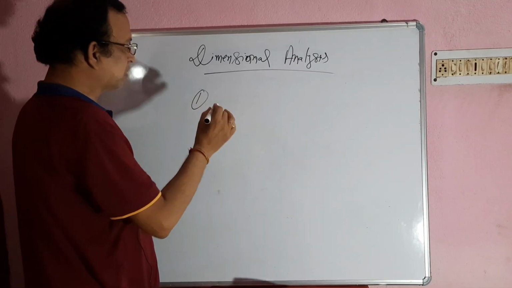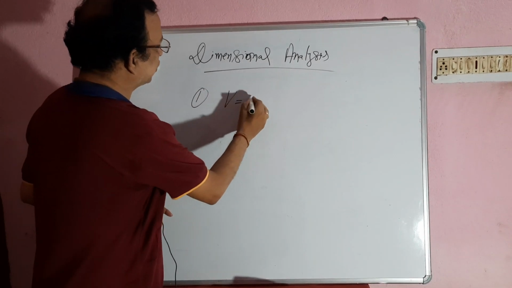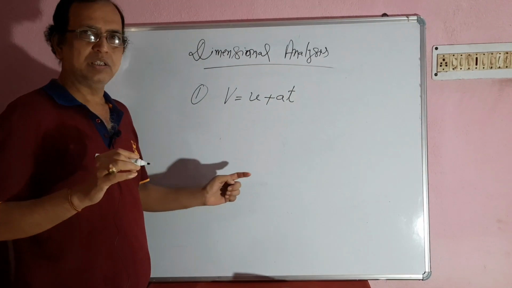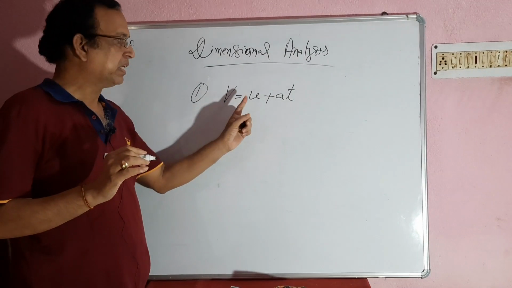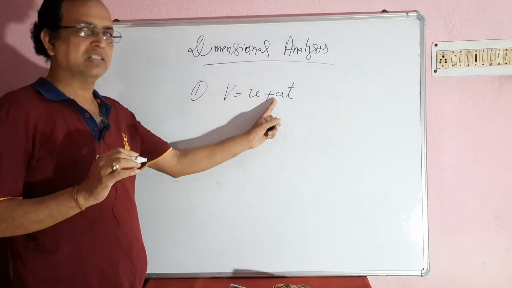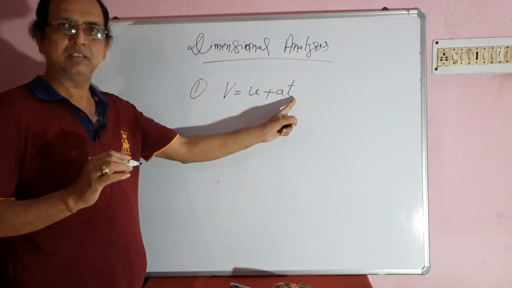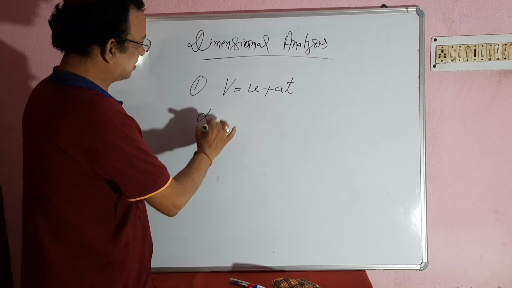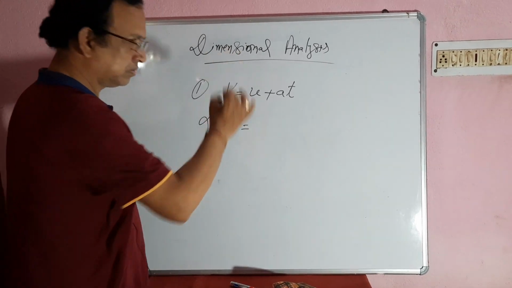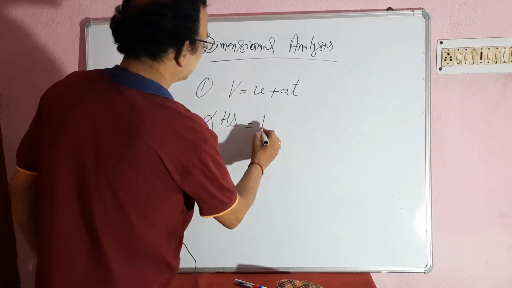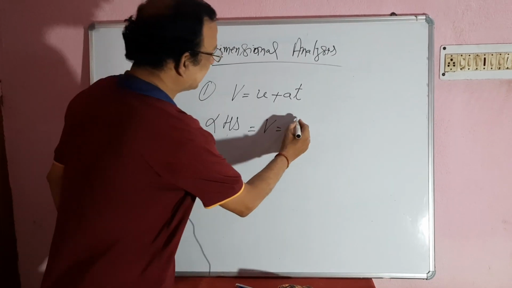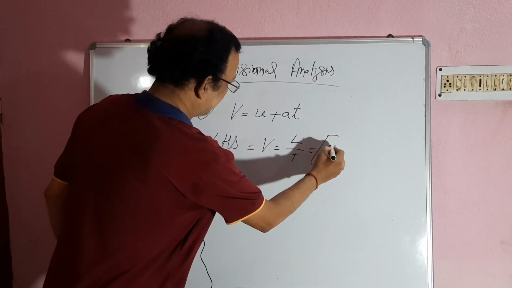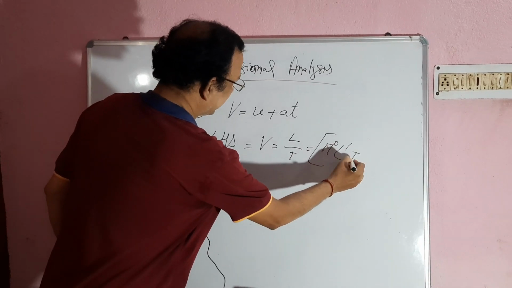We know the equation of motion: V is equal to U plus A T. V is the final velocity, U is the initial velocity, A is the acceleration, T is the time. Okay, so LHS, V is velocity, that is L by T. So m0, L1, T minus 1.